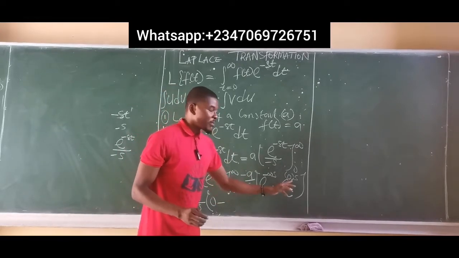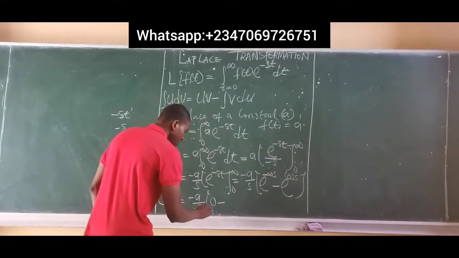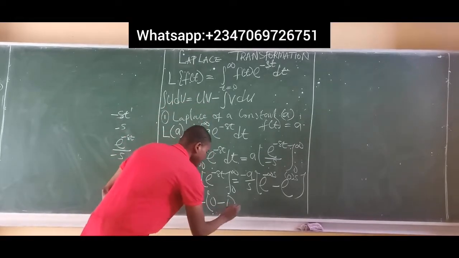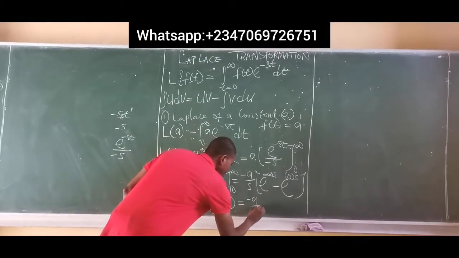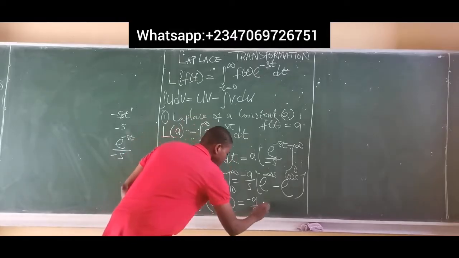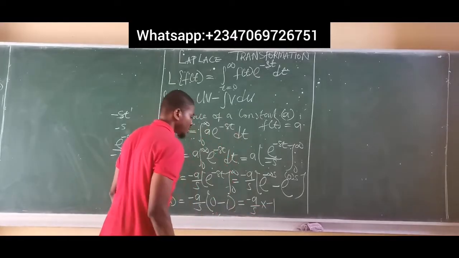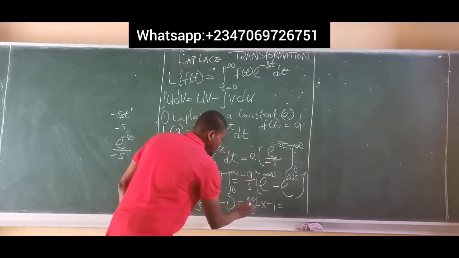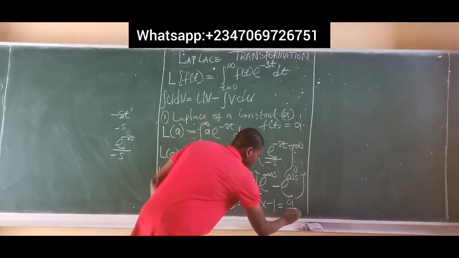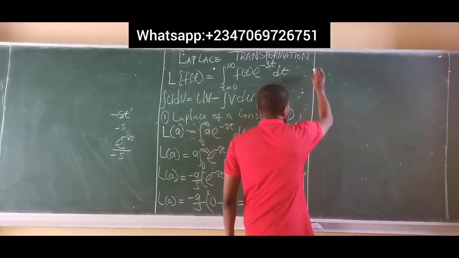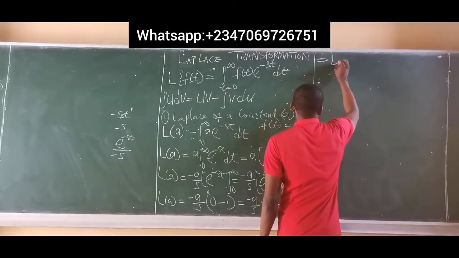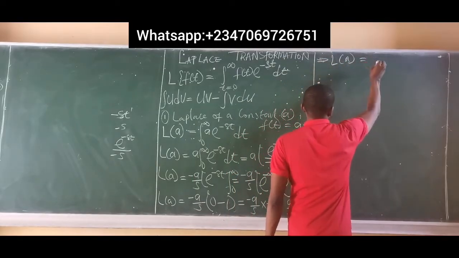So exponential to the power of 0 becomes 1. So this is simply 0 minus 1, and I have this equal to minus a all over s times minus 1. Minus cancels minus, I'm left with a all over s. This simply means that the Laplace transformation of every constant, Laplace of a, is simply a all over s.